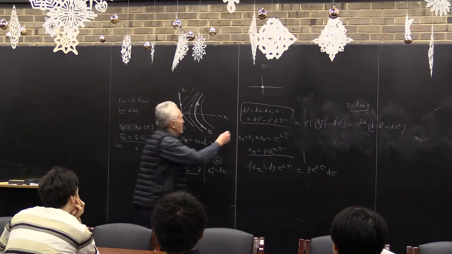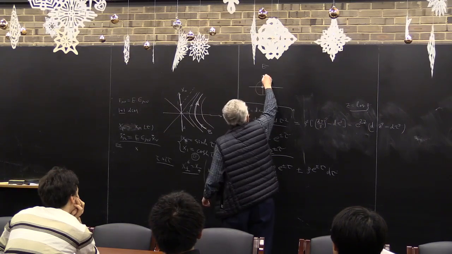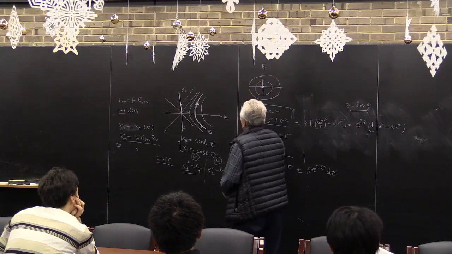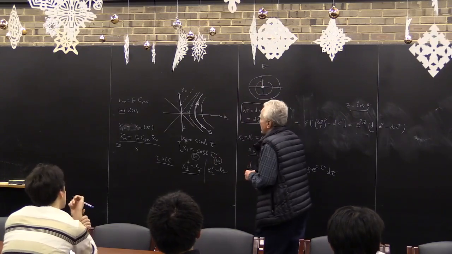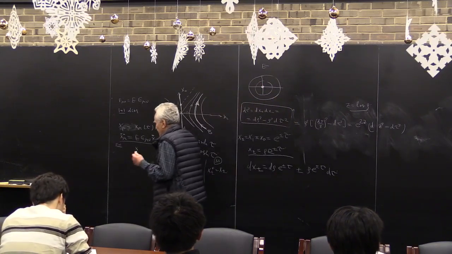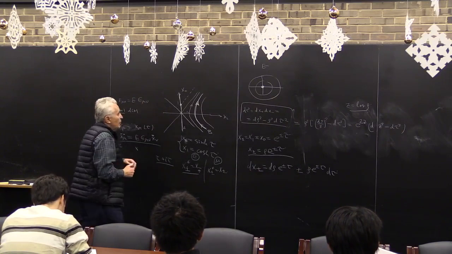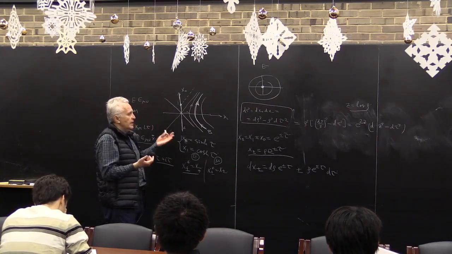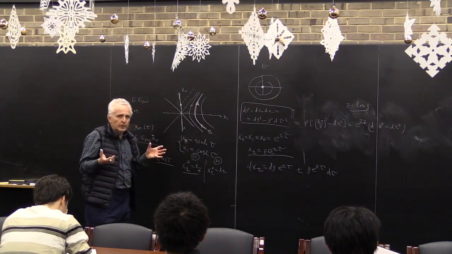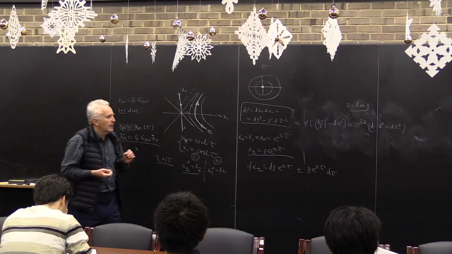Okay, and what happens to this hyperbola? Yes, you're right. They simply become circles. And as a result, in the Euclidean section of this theory, the polar coordinates are what is called geodesically complete.